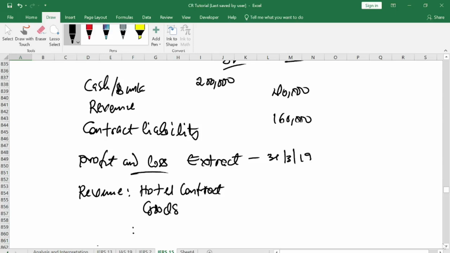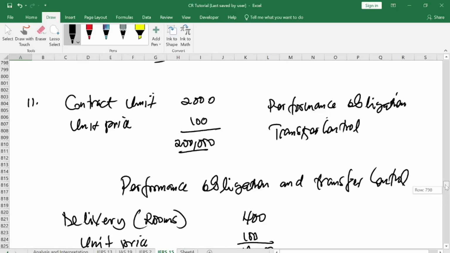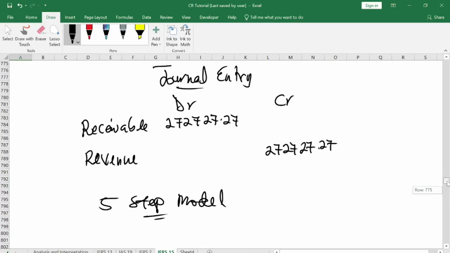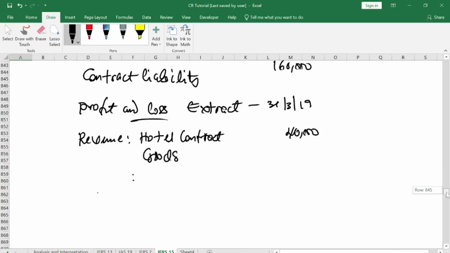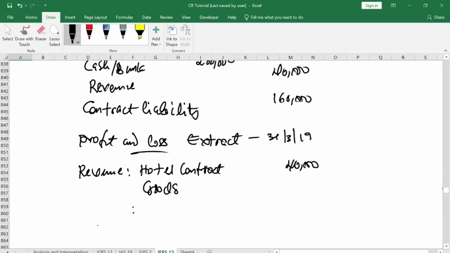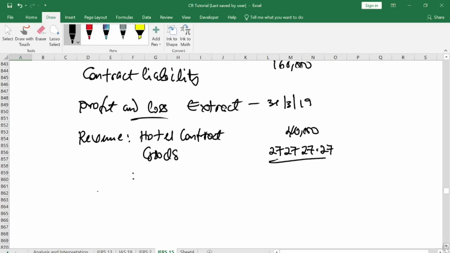So from hotel contracts, he was able to deliver 40,000. So that becomes your revenue. And then the goods, that one too. So when you go up a bit, the revenue that you received on credit is 27.27. All right.